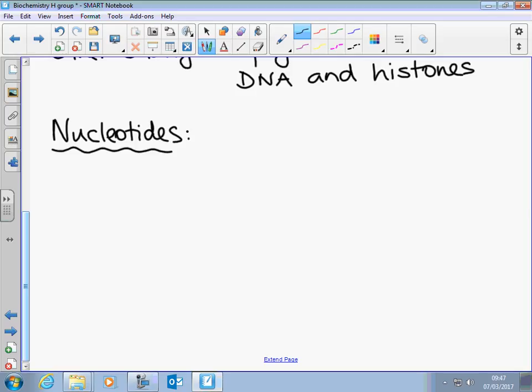But over the page, you have some diagrams that you might think, I have no idea what that means, but I will explain a little bit. If we'd done the organic chemistry bit, it would be a lot easier, but I will explain what those mean. So a nucleotide has got 3 bits to it. First of all, it doesn't matter which of the nucleic acids, you have a phosphate group.